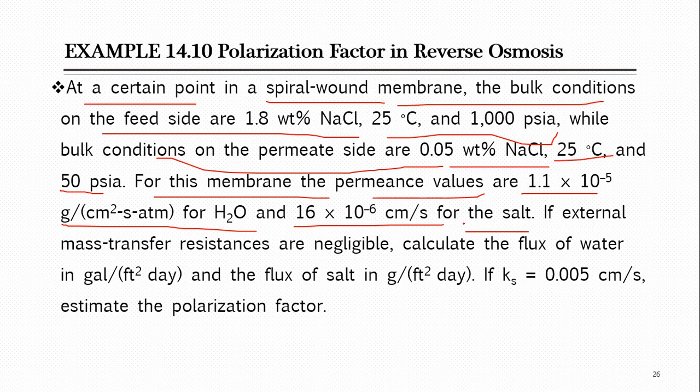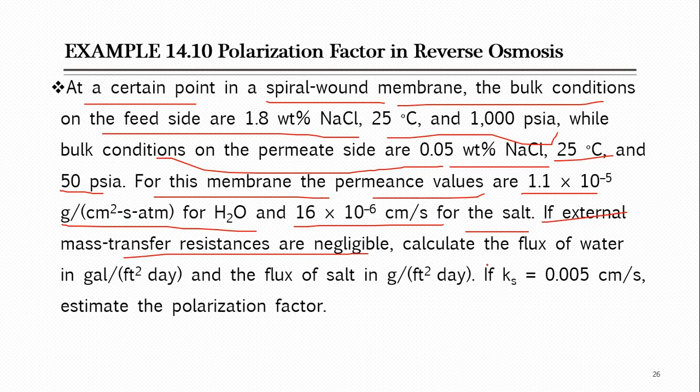So the NaCl permeance is also given. That's good, you are directly given the permeance. You don't need to go for permeability and thickness and all those calculations of K and D and other stuff. The external mass transfer resistances are negligible, meaning no external mass transfer resistance across the system.